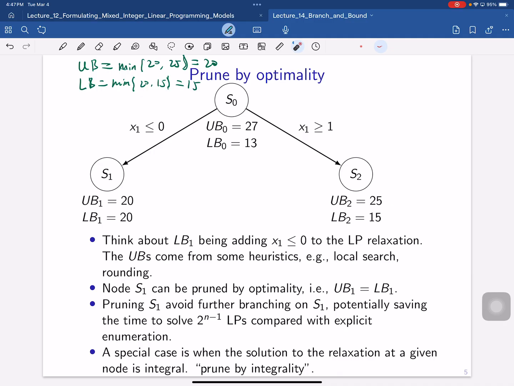Yeah, because if it's all integral, it's also feasible, so it's your upper bound. Exactly. Because you solved the relaxation, you know the relaxation is a lower bound, and the same solution happens to be feasible. A feasible solution gives you an upper bound, and that shows the upper bound equals the lower bound in that case.